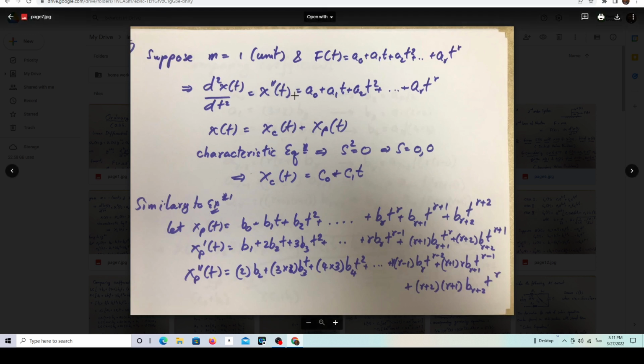But in this one, since the left-hand side doesn't have any zero order term, if you have first order, for example, on the left-hand side, then the given function of x sub p of t is only t to the r plus 1, because once you find the first derivative, you can still keep some coefficient comparison with the term t to the r.